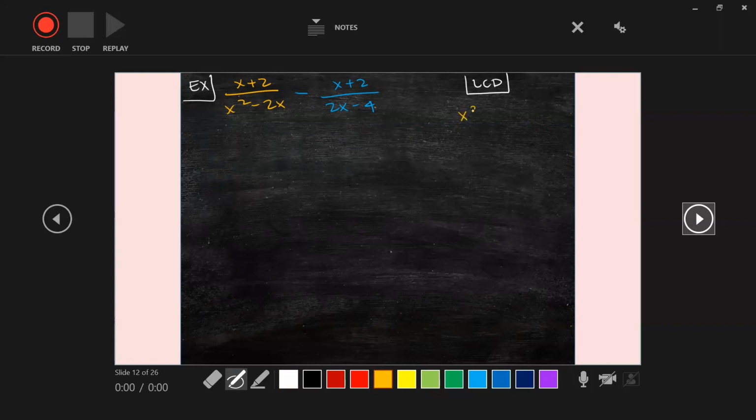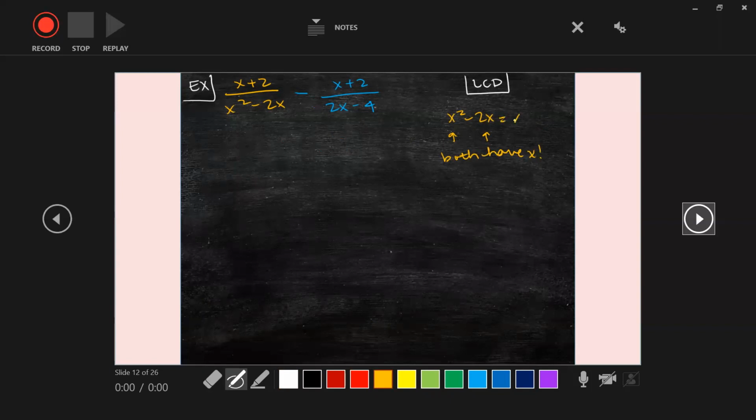Is there any way we can simplify x squared minus 2x? What do both of these terms have in them? X. So both have x.